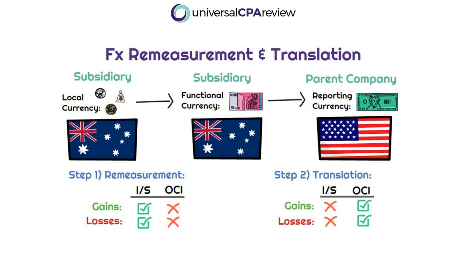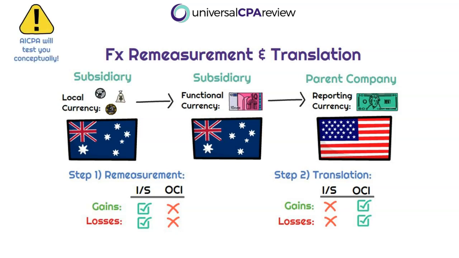So now we're going to talk about foreign currency remeasurement and translation. This is an extremely difficult topic to conceptually understand, but it's even more difficult to actually apply in the real world. I can't tell you how many times I worked with experienced professionals, CPAs that have been CPAs for 20 years, and they still don't understand this topic.